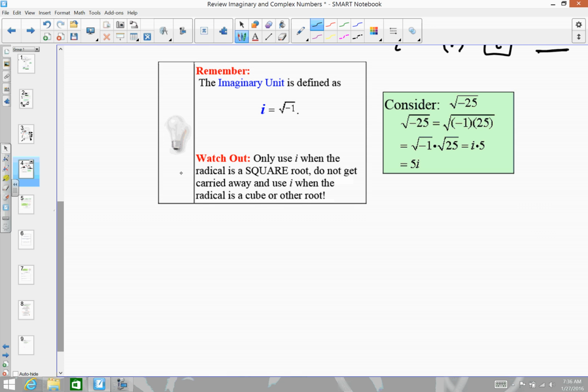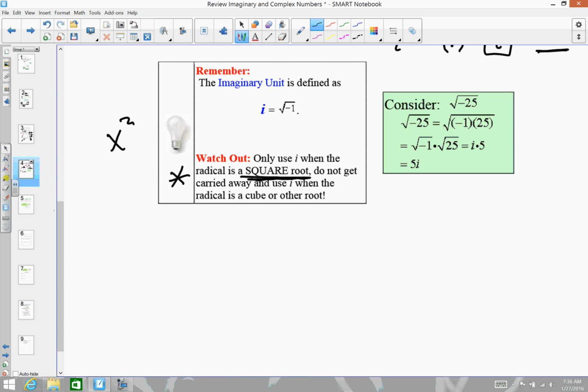One thing I want you to note, this is something that I see a lot of students get caught up in. We said at the beginning that you see i occur when you are solving quadratic equations. So that means you're dealing with x squared, and when you're solving, you are taking the square root. Be careful.